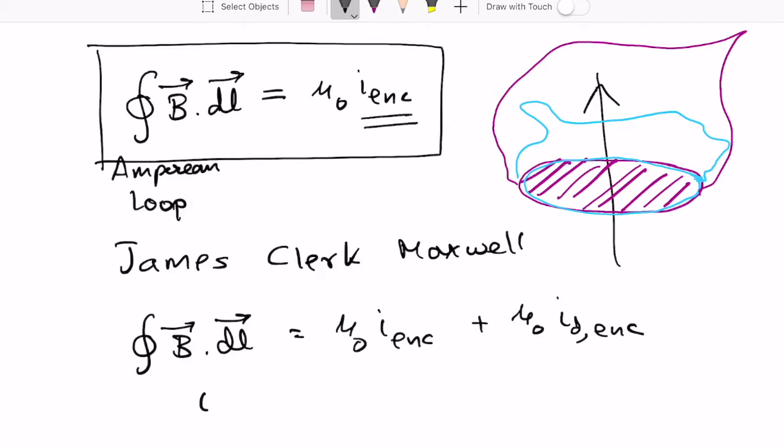So id is defined as the displacement current. This name was coined by Maxwell, and as it turns out, it's a terrible name, but now we are stuck with it. This is not a current at all. I would not think of this as a current. It just has current in its name, and it has the same dimensions as current, but it's not a current at all, given the way we understand what a current is.